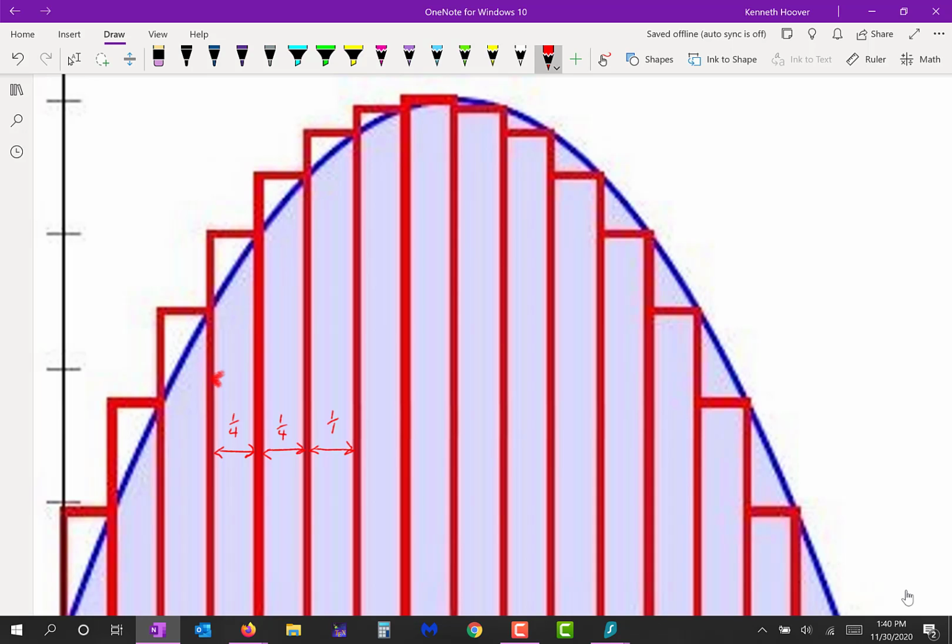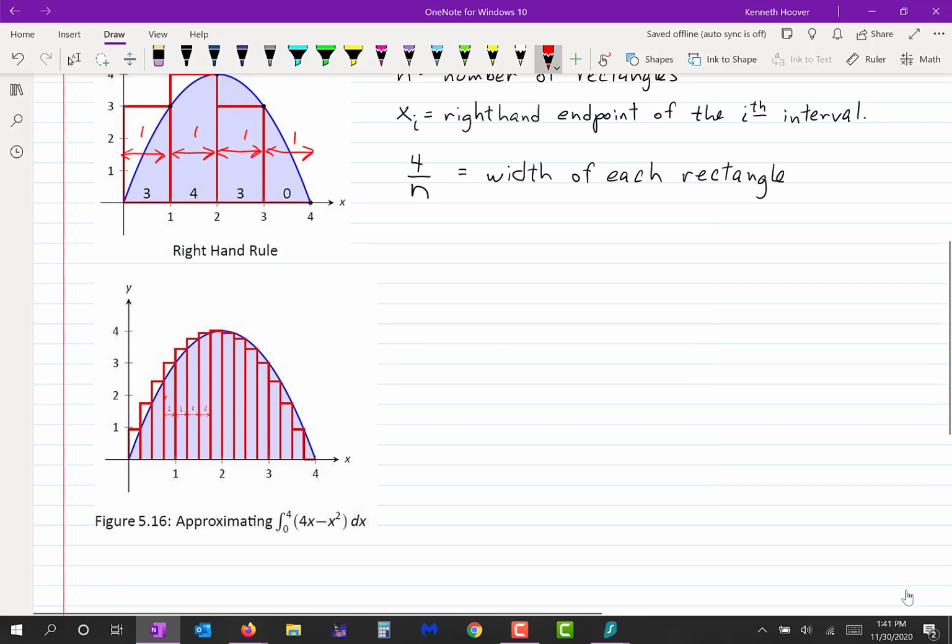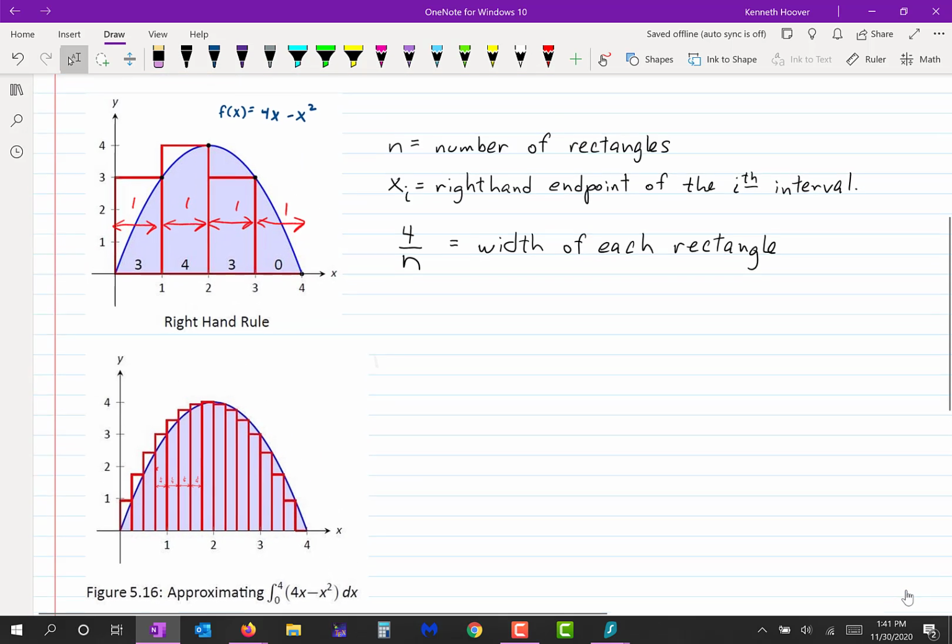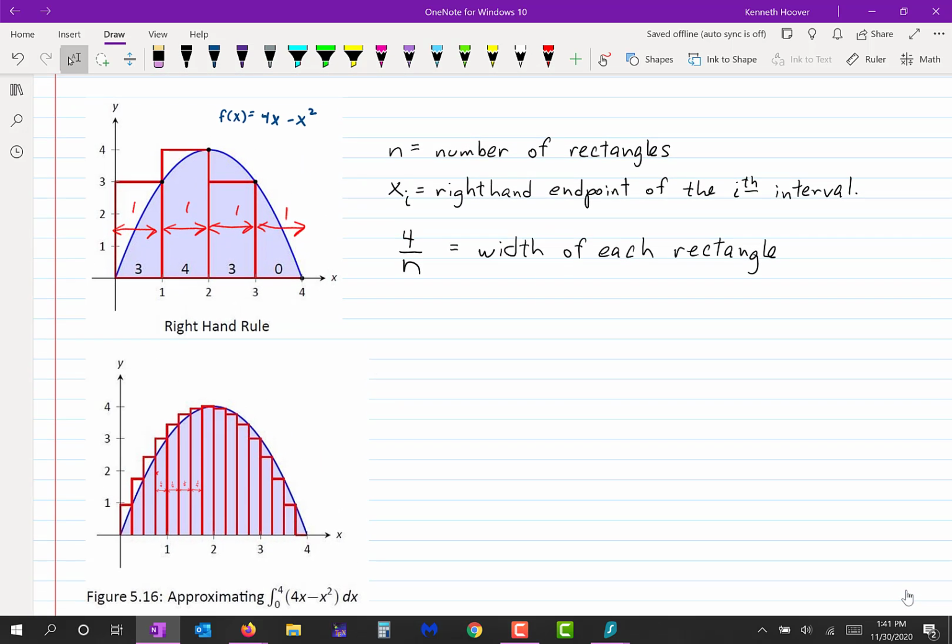The whole picture has a width of 4, 0 to 4, and you divide that into n rectangles, then each rectangle will be a width of 4 divided by n. Okay, now let's find the height of each rectangle.